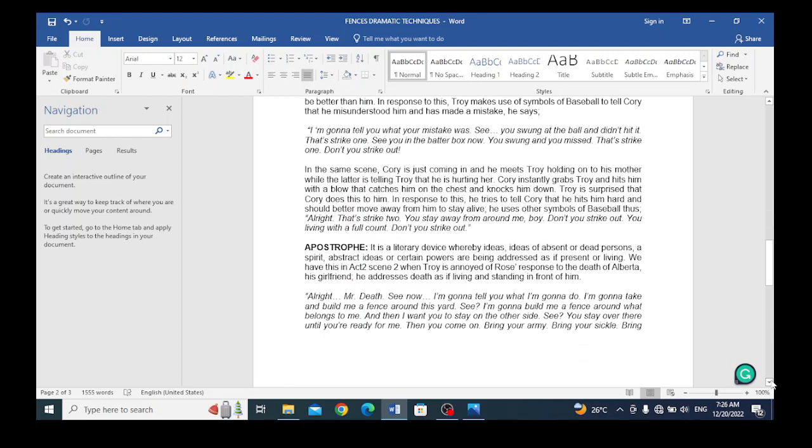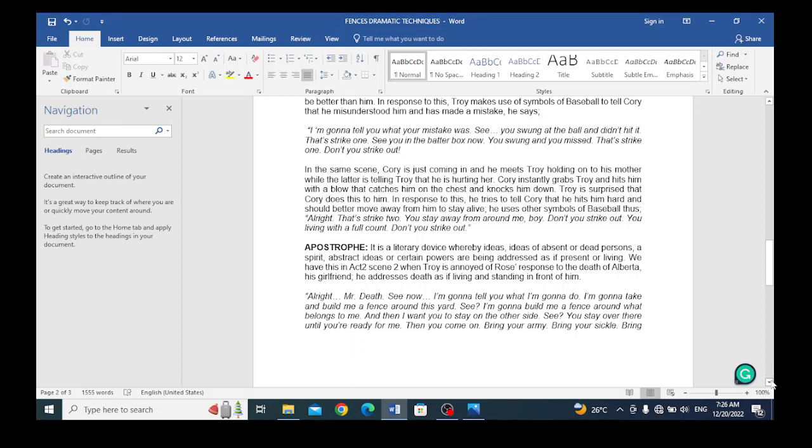Unquote. In the same scene, Corey is just coming in and he meets Troy holding on to his mother while the latter is telling Troy that he's hurting her. Corey instantly grabs Troy and hits him with a blow that catches him on the chest and knocks him down. Troy is surprised that Corey does this to him.